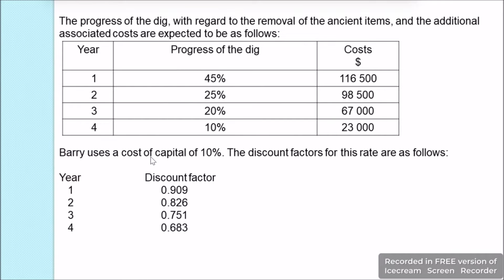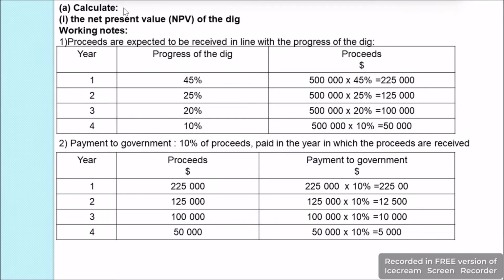Barry uses a cost of capital of 10%. The discount factors for this rate are as follows. Year 1 it's 0.909 and year 2 it is 0.826. Year 3 it's 0.751. Year 4 is 0.683.